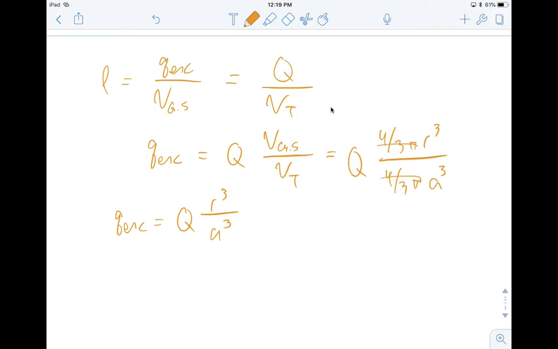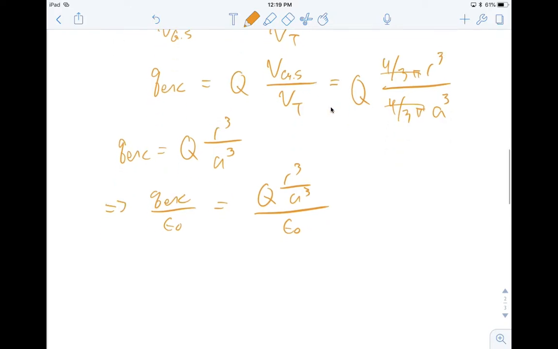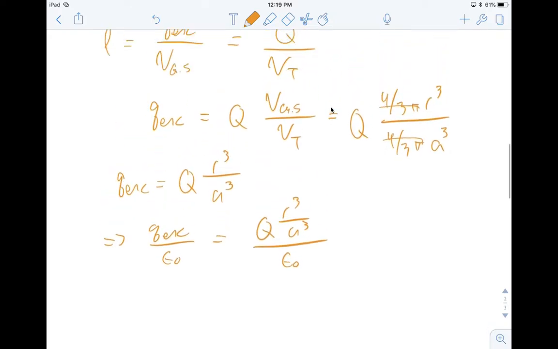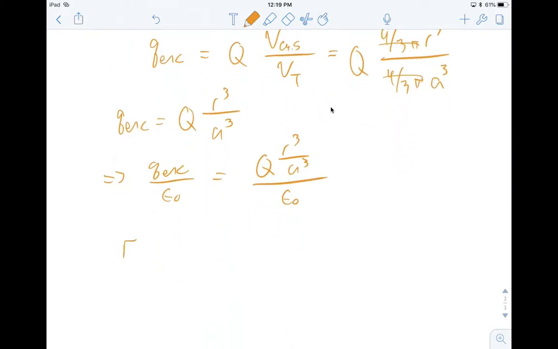So Q enclosed over epsilon naught is Q r cubed over A cubed epsilon naught. Now we set the left side equal to the right side. E 4 pi r squared is going to be equal to Q r cubed over A cubed epsilon naught.